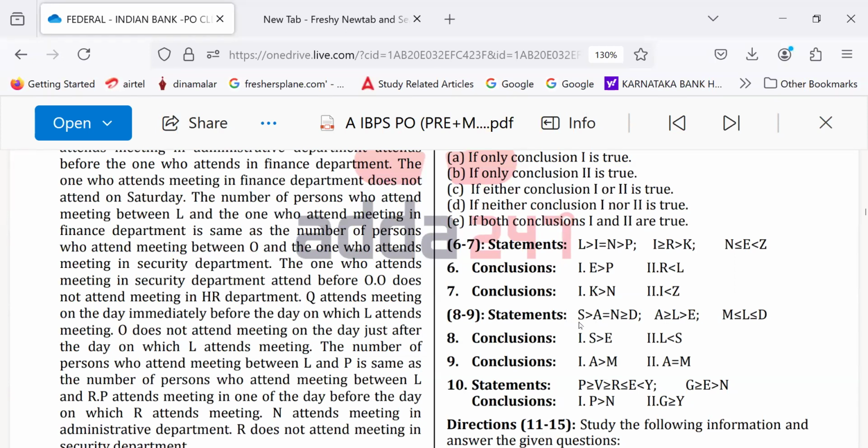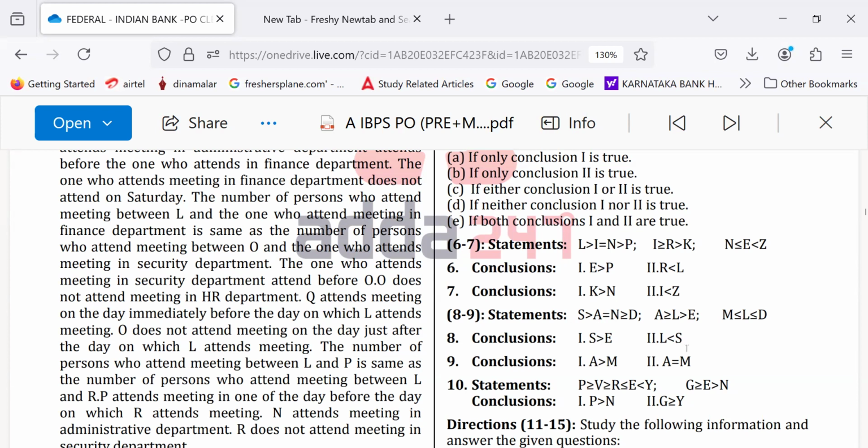So what you should do: S is greater than A, which is greater than L, which is also greater than E. So we have the information S is greater than E. So the answer, S is greater than E, is true.